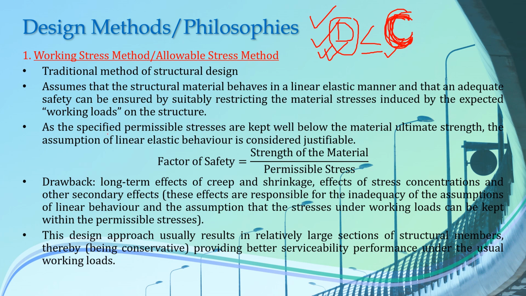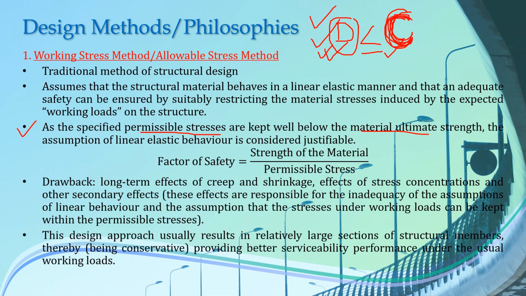So the specified permissible stresses are kept well below the material ultimate strength. See this third point once again: the specified permissible stresses, that means the stresses acting on our material or member, are kept below the material ultimate strength. The assumption of linear elastic behavior is considered justifiable.